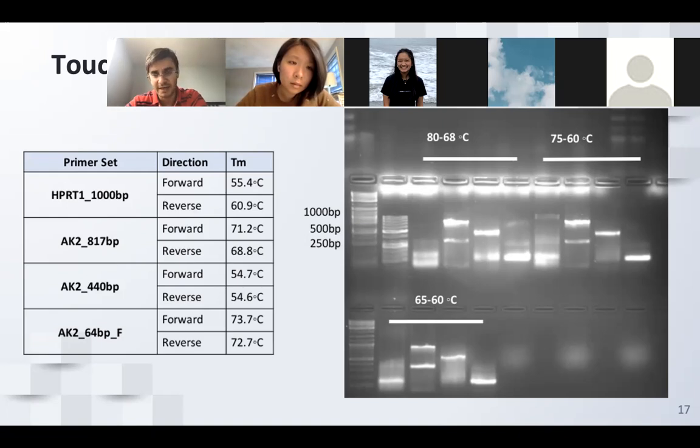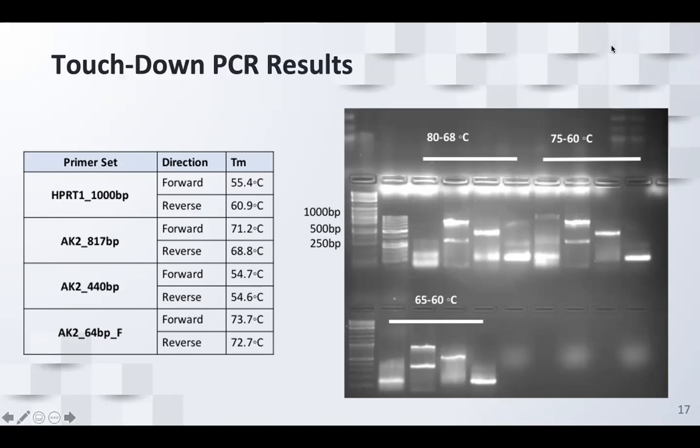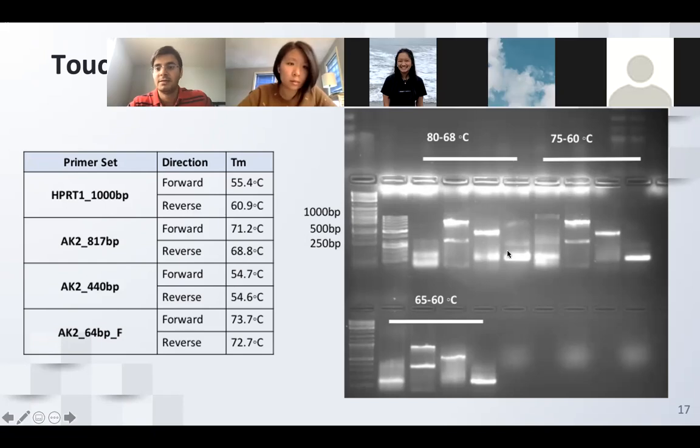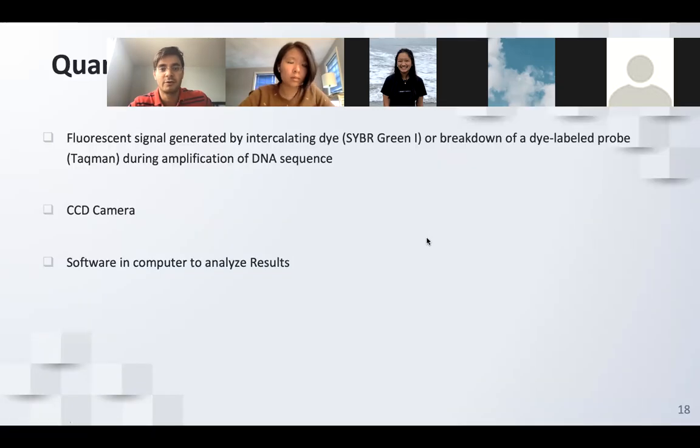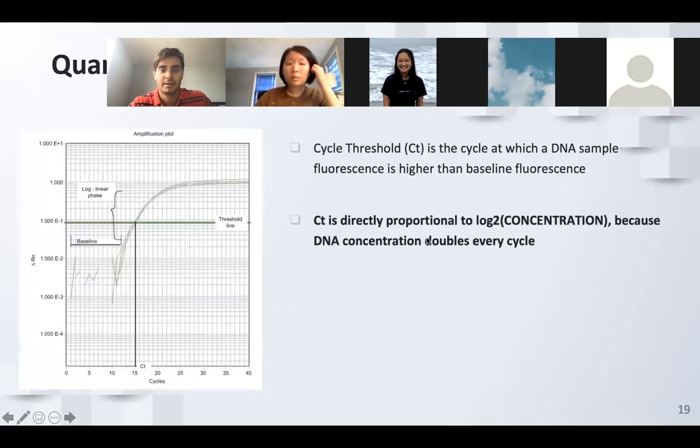The intensity at cycle 15 is going to be lower or higher? Does anyone have any guess? The intensity is going to be lower, because at cycle 15, here are the cycles in the x-axis.